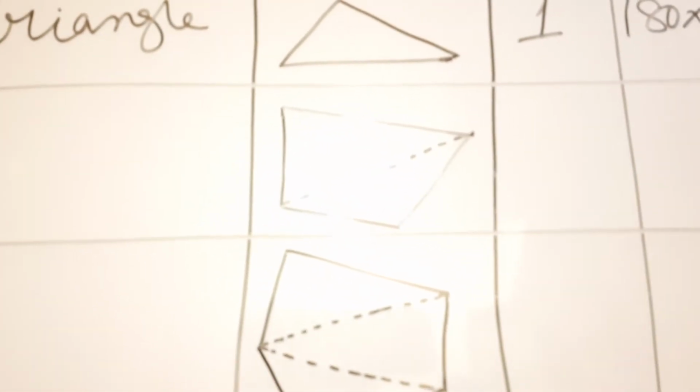Let us see the second one. Can you all see this? It's a quadrilateral, right? Because you can see the figure is 4-sided. Let us first talk about the number of sides. How many sides, children? 1, 2, 3, 4.